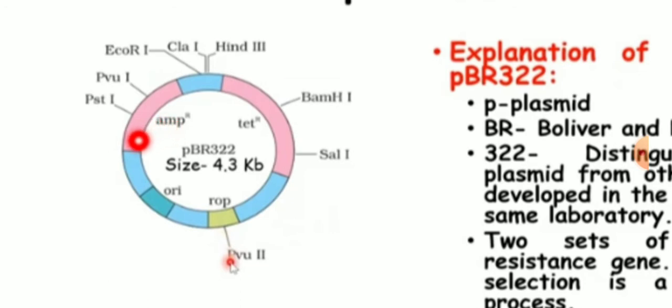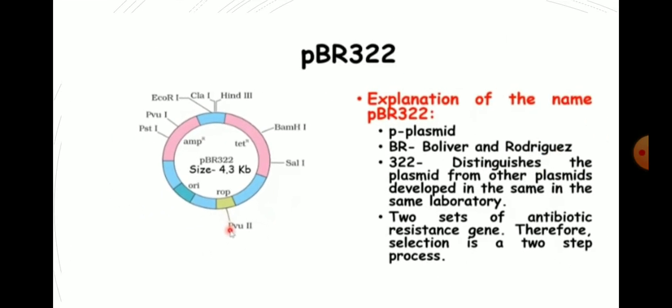These two are used as selectable markers. It means the presence of these genes provides resistance to the host cells against tetracycline as well as ampicillin. These are the antibiotics. pBR322 has two antibiotic resistance genes, therefore selection is a two-step process.